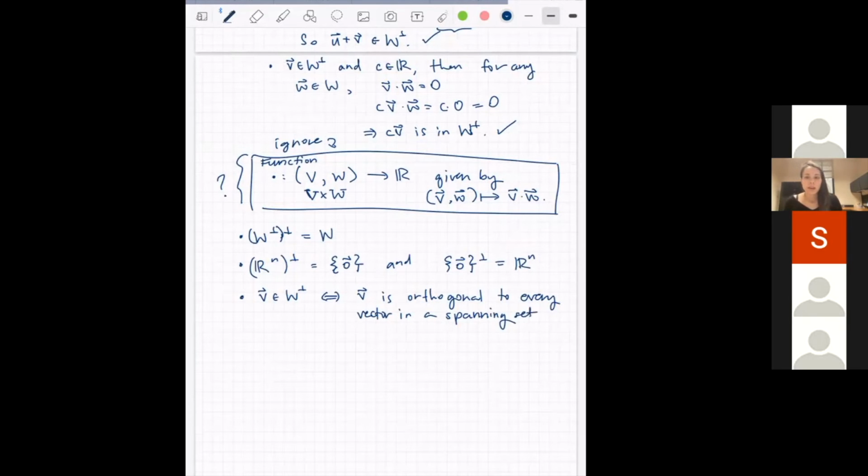So that means that if we wanted to check that V is orthogonal to a subspace, we could just check it for the basis vectors, and that would be good enough. So we don't have to check for everything.